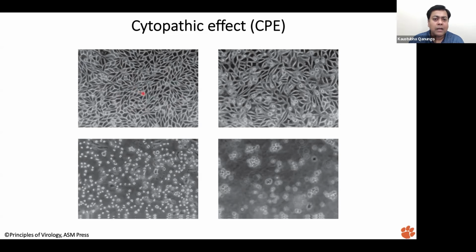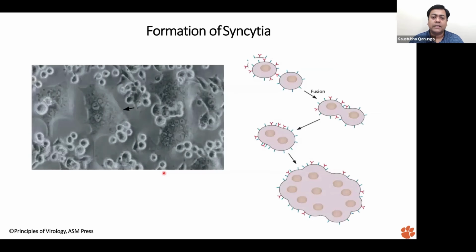Now we have inoculated them with a virus, and you can see some cytopathic effects. Some of the cells are rounding up. Many of them have completely lysed, with complete destruction of these cells. This is a phase contrast light microscope, where you can see these cytopathic effects. There are many different types of cytopathic effect.